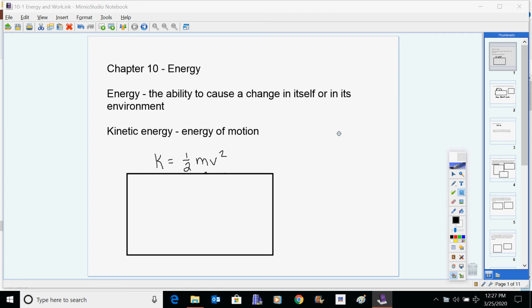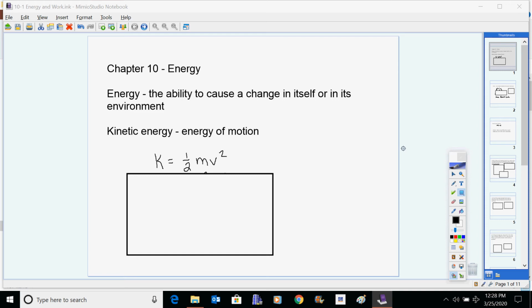All right, so today we're going to start talking about energy. And energy is really anything that has the ability to cause a change in itself or its environment. So therefore, energy can be stored. Energy can be currently in the process of changing itself or its environment. Energy can be found in all kinds of things.